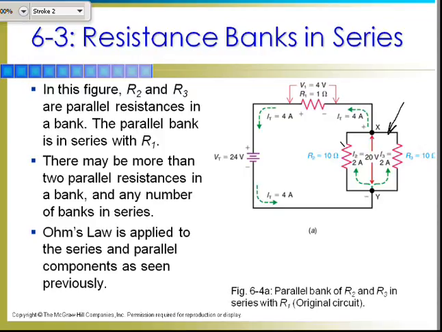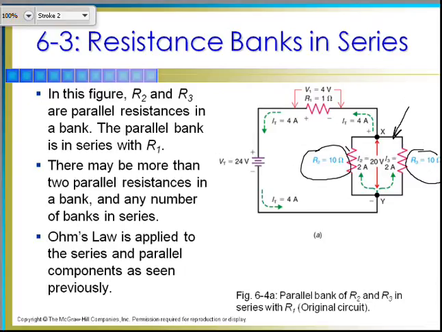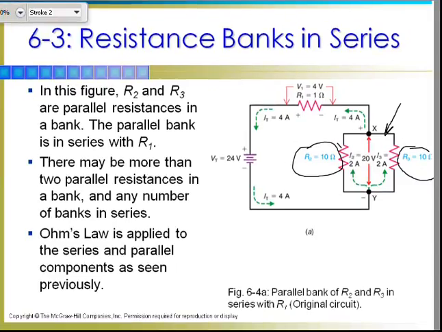So what we're going to do, start with, is look at our values here. We've got a bank with two branches. Both those branches are 10 ohms. So we can express this out in the special case: 10 ohms, there's two of them, 5 ohms.